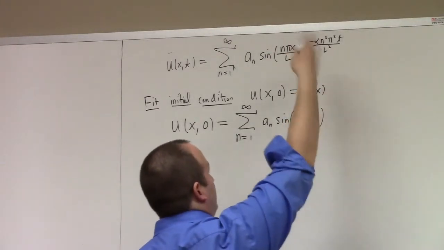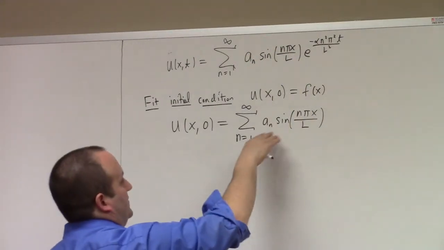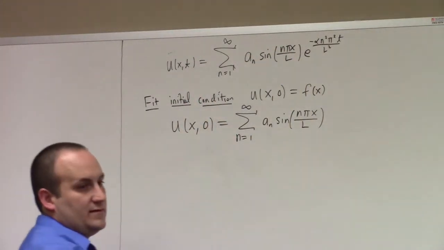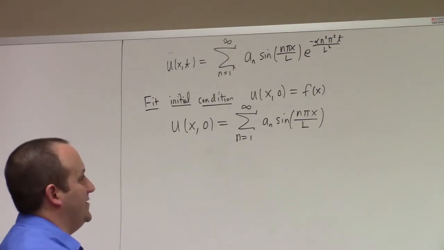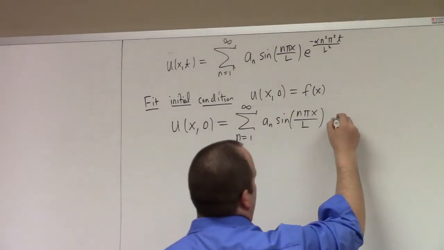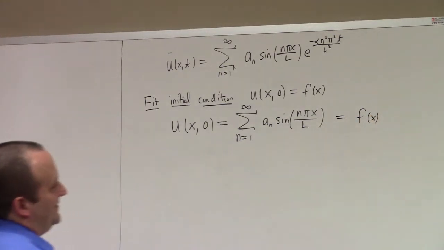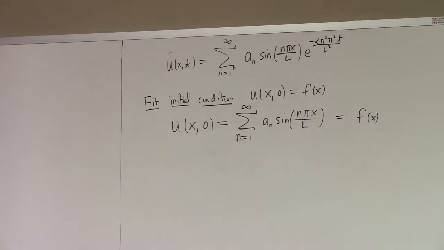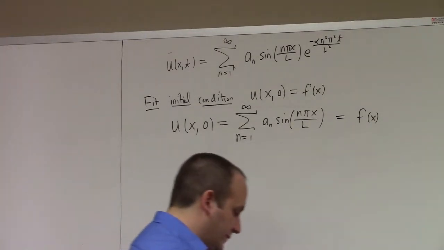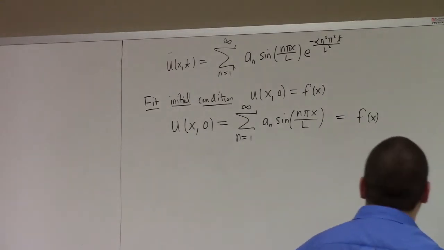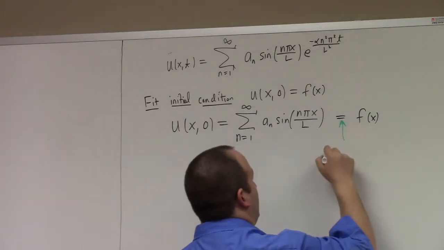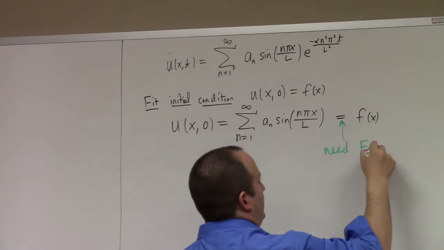So those are just 1. So it just leaves you that, right? You're like, well, that doesn't really help me. But this has to be equal to f of x, right? In order to actually make sense of this equality, this is where we need the Fourier technique. So here, we need the technique of Fourier series.